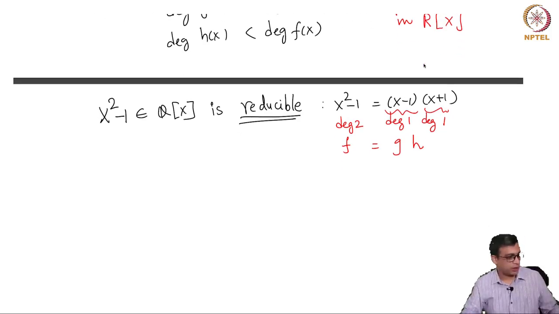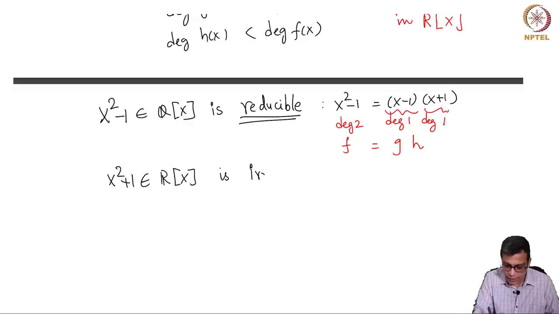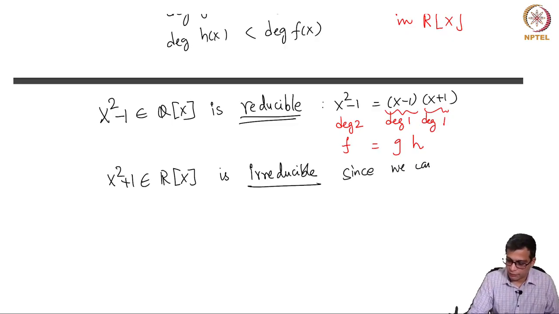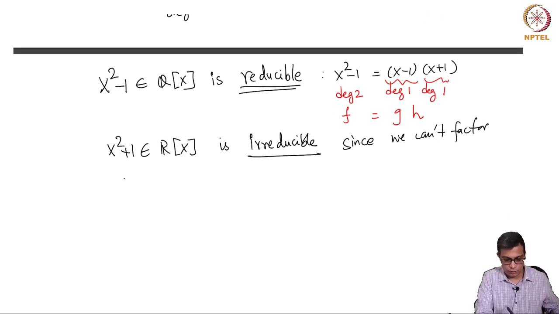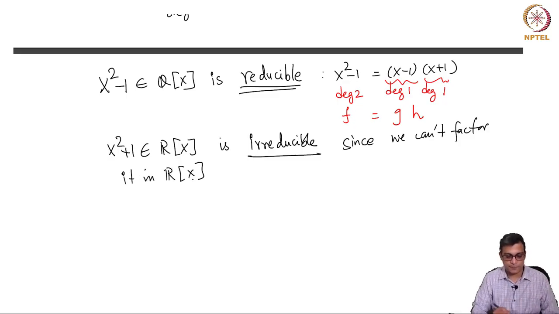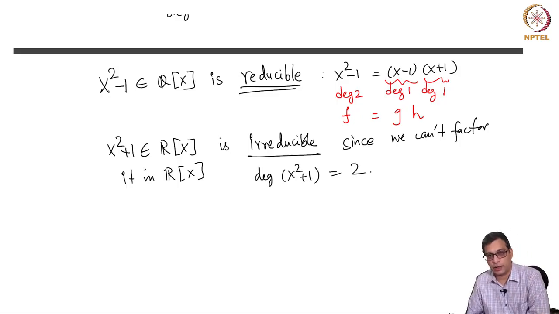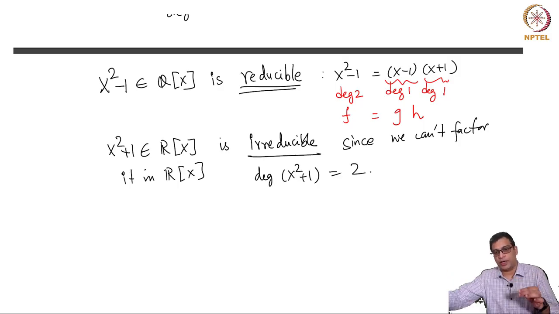On the other hand, x squared plus 1 in R[x] is irreducible, since we can't factor it. You have to convince yourself, because the degree of x squared plus 1 is 2. So if you can factor it in a valid way, it has to be degree 1 and degree 1, right?